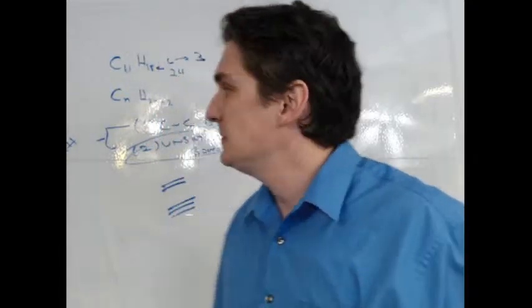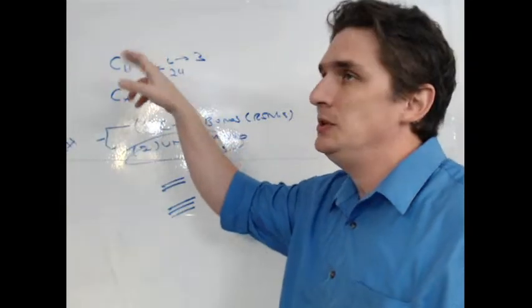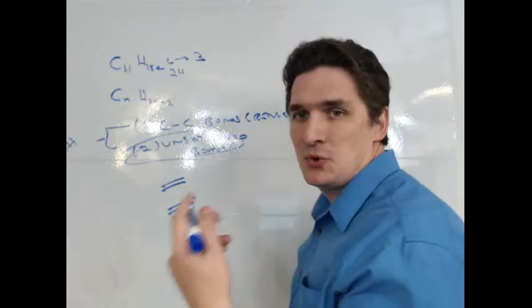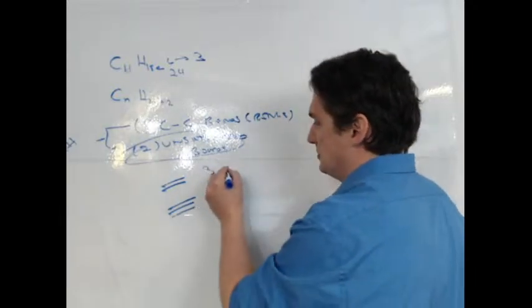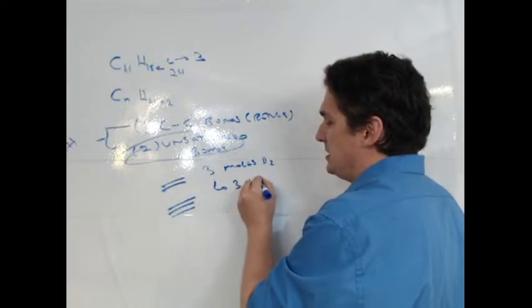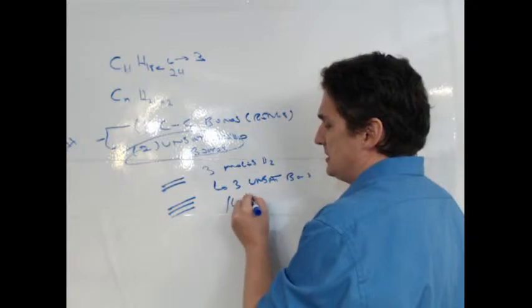Now, for every double bond, we would eliminate 2 hydrogens. So if we're absorbing 3 moles of H2, that means that we have 3 unsaturated bonds. And that would be 6 hydrogens total.